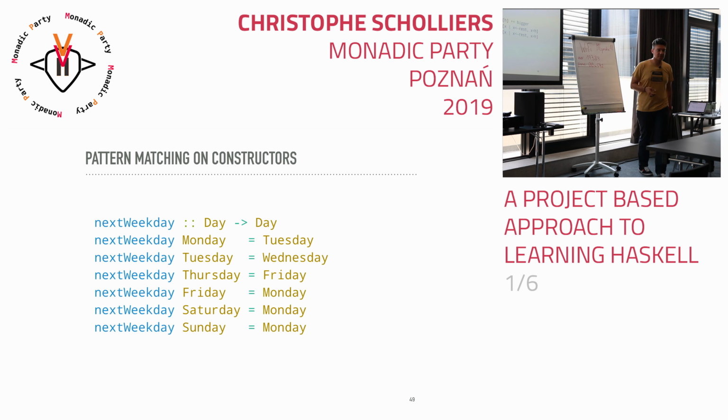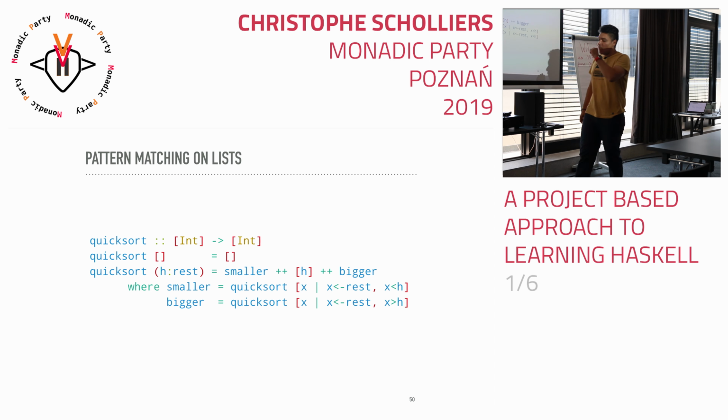Okay, so let's look at Quicksort. So the idea is that we are going to sort a list. In this particular case, we are going to sort a list of ints, and we are going to give back a list of ints. And here we use pattern matching, and we say, well, Quicksort of an empty list, that's super easy.